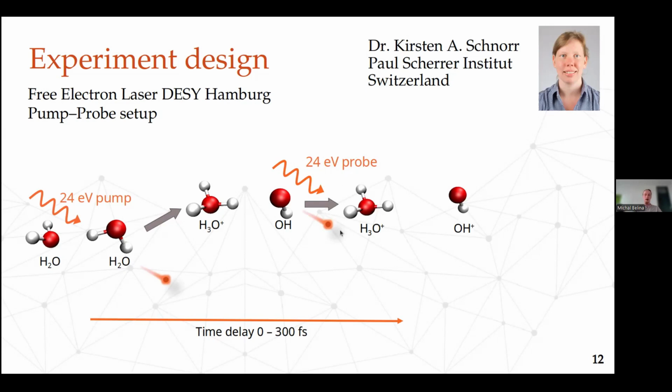So the outcome of this schematic depiction of the reaction is this H3O+ and OH+ pair. These are two singly charged small molecules, and nothing else than Coulomb explosion happens later. Another thing is that this second pulse was delayed from 0 to 300 femtoseconds.